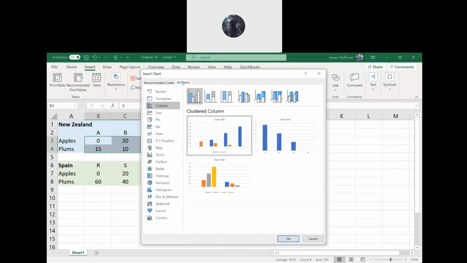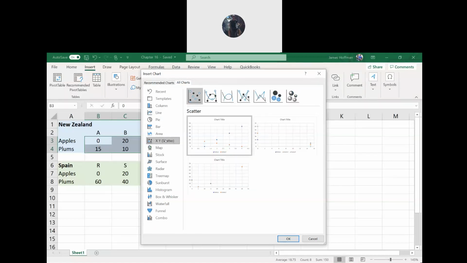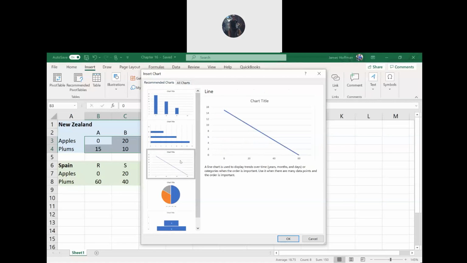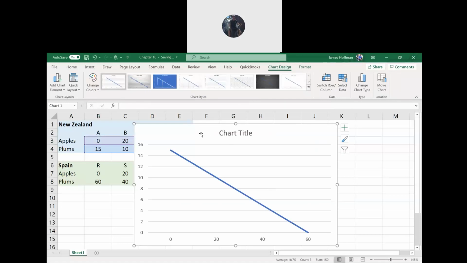If I do insert in all charts, well, we're doing this one. Okay, so the best one is this one here, the line chart. So let's go ahead and do that. Here it is. Oh, that's huge.